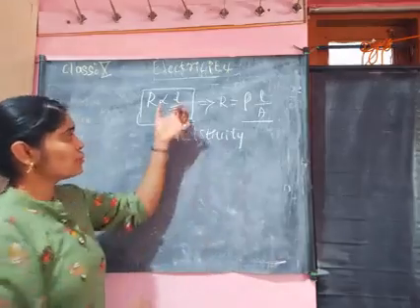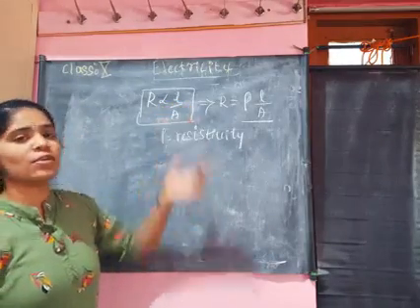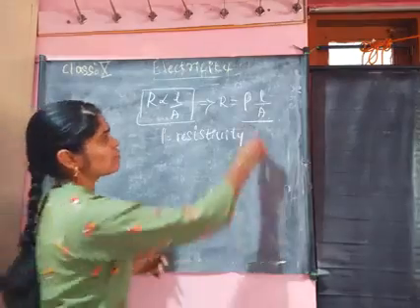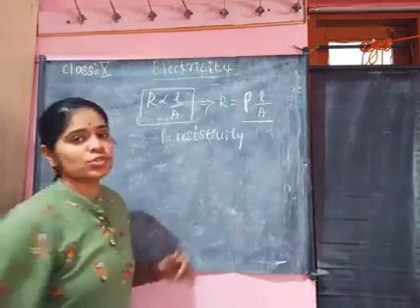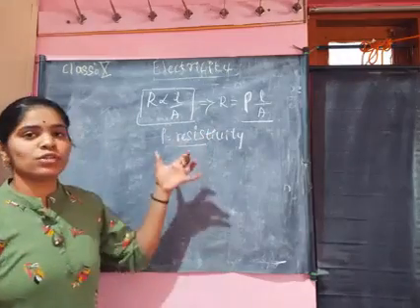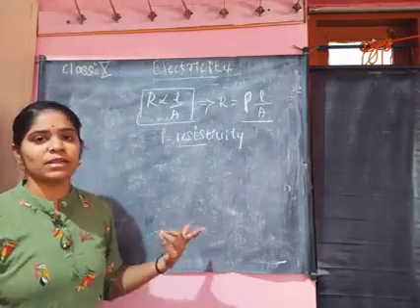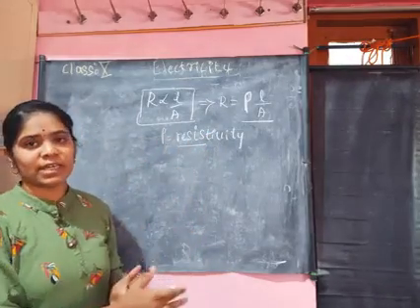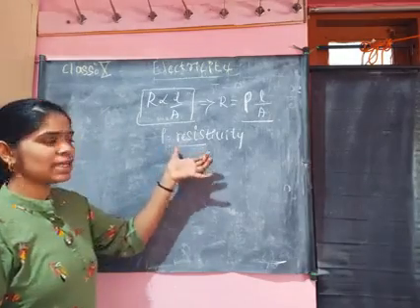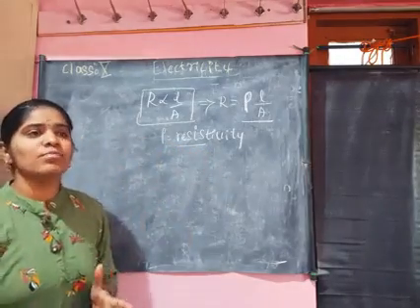To remove this proportionality sign, we add the proportionality constant, here rho. This rho we call the electrical resistivity, which is a property of the material. It must have a certain unit.